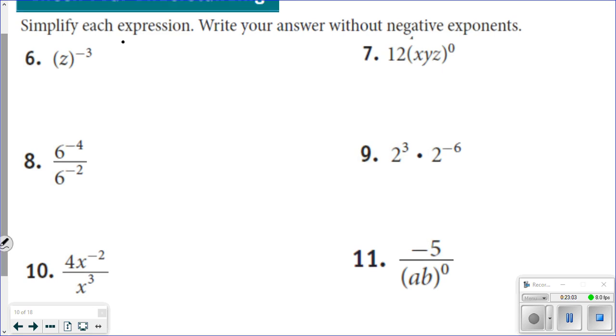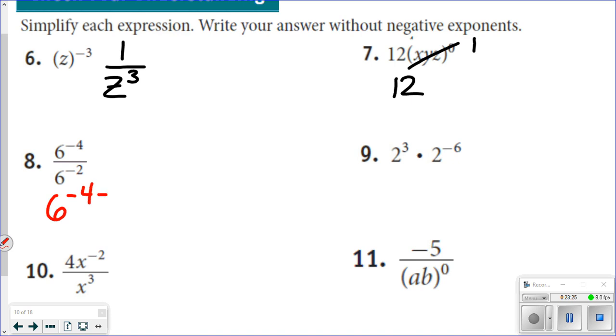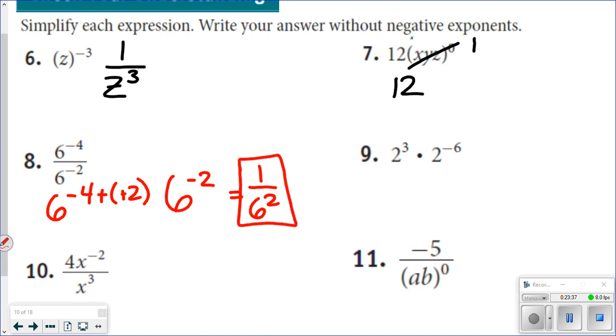This becomes 1 over z cubed. This is 1, and 12 times 1 is just 12. Then I have negative 4 minus a negative 2, so this becomes negative 4 plus 2, so that's negative 2, but I can't have a negative exponent, so I need to turn it into a fraction and make it positive.